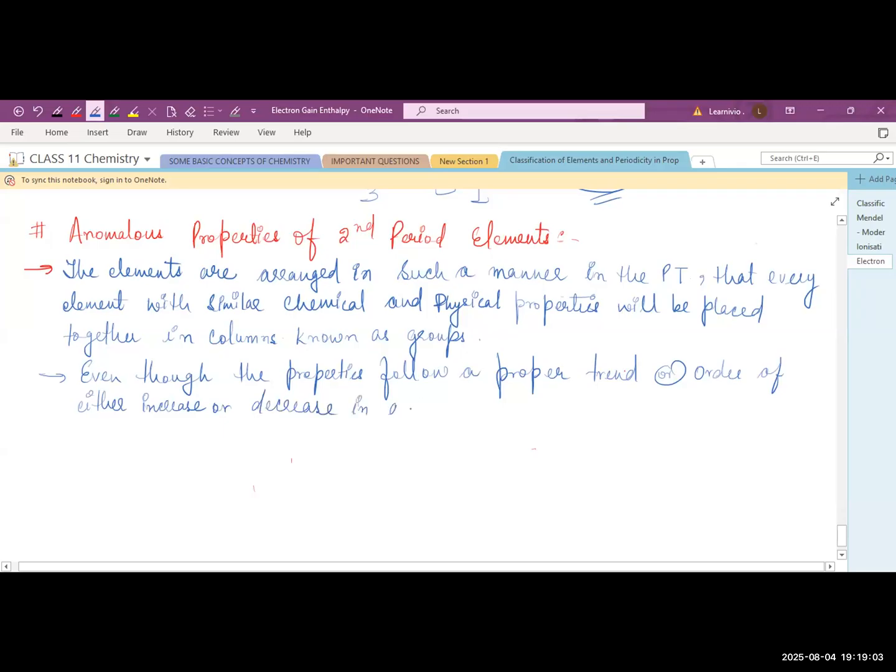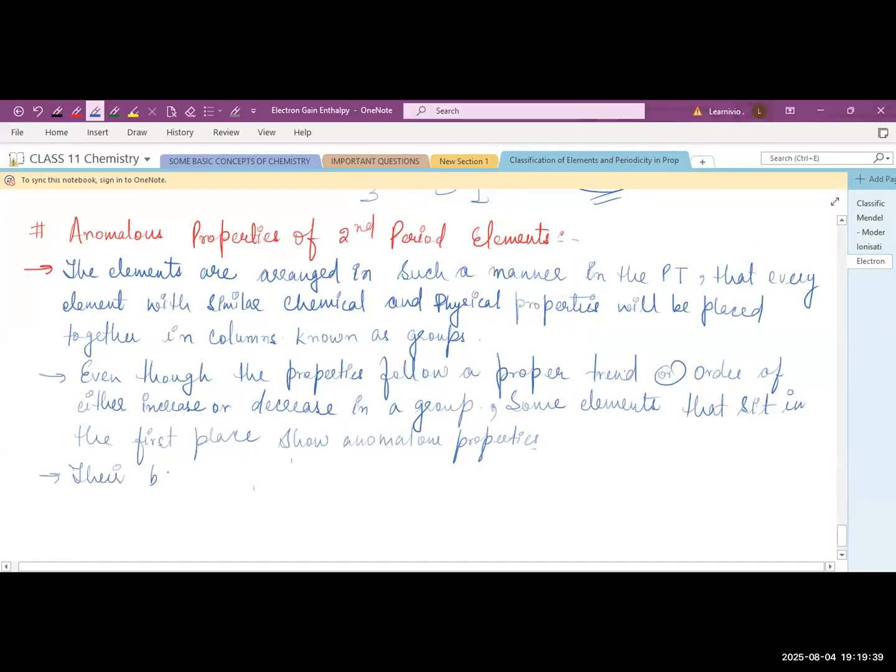In a group, the first element shows anomalous properties, and their behavior does not match.